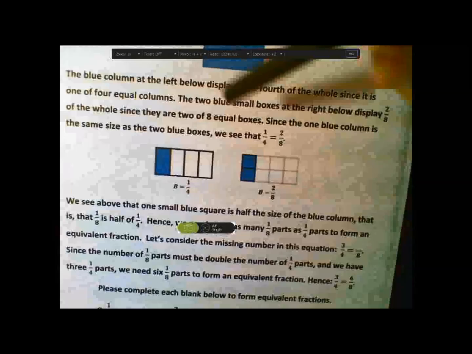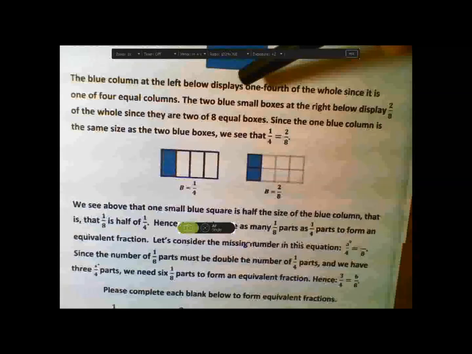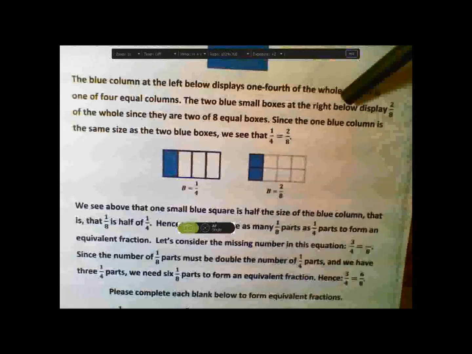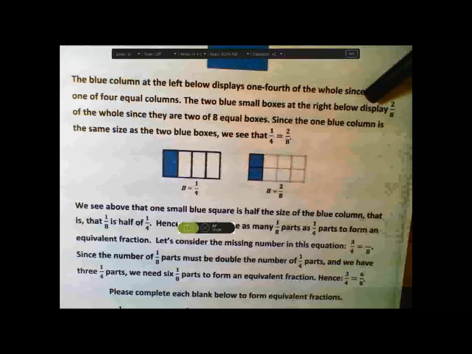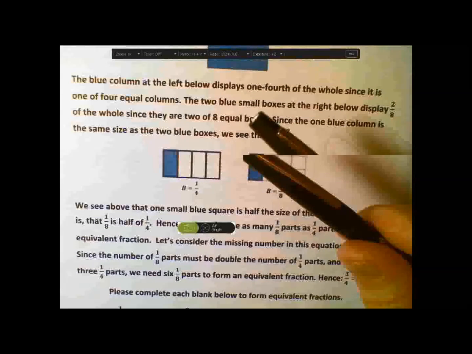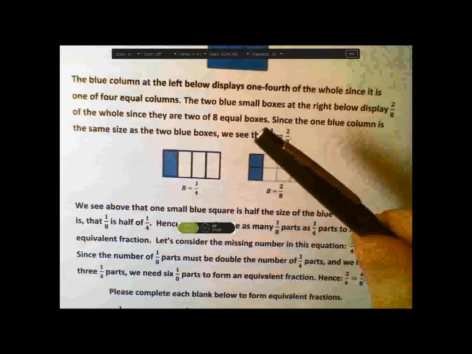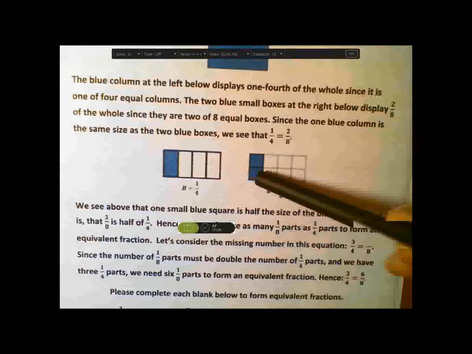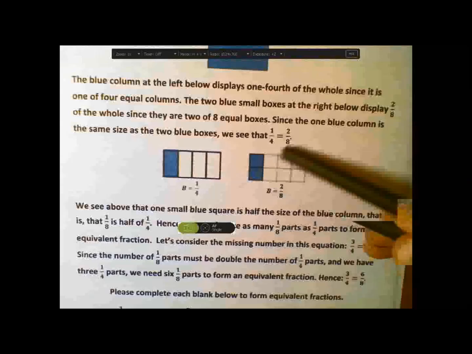Okay, please continue reading. Two blue boxes, small boxes, at the right below display 2/8 of the whole, since they are 2 of 8 equal boxes. Okay, let's stop right there. Can you explain in your own words why this showed 2/8 of the whole?